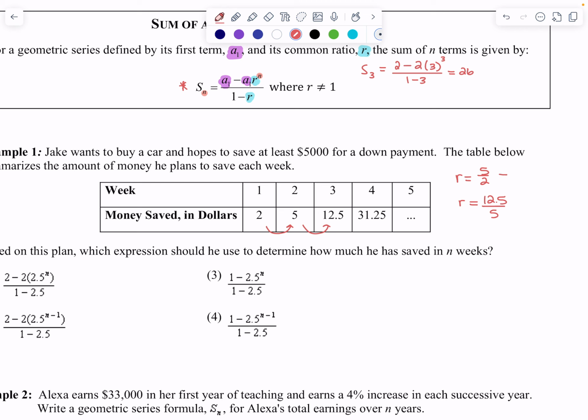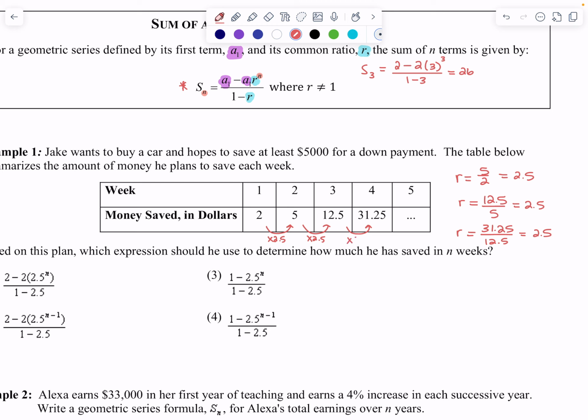Either way, you're going to get 2.5. And that's going to be consistent even if you took 31.25 and divided it by 12.5. Okay, so we have this geometric sequence with a common ratio of 2.5, so that's what we're multiplying by to get from term to term.